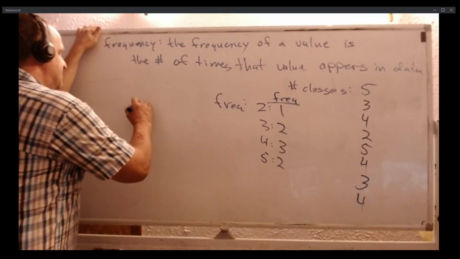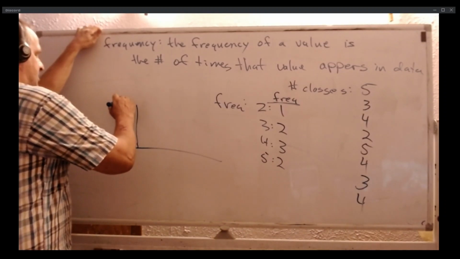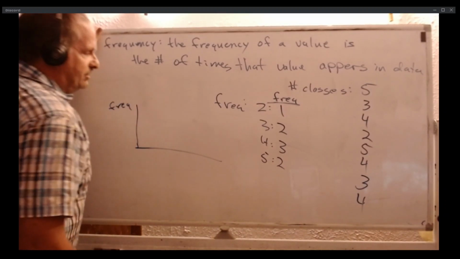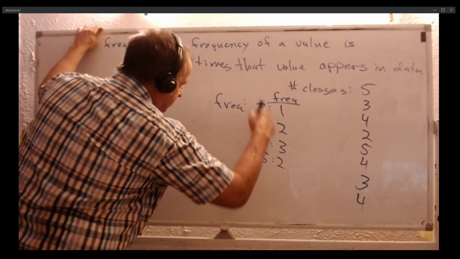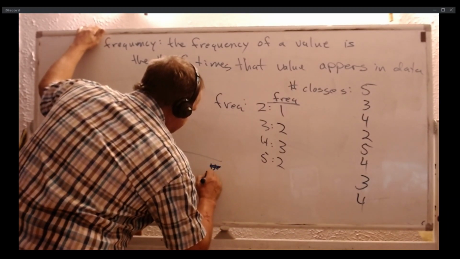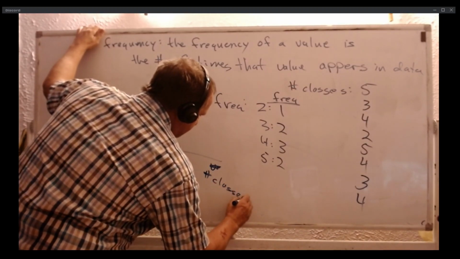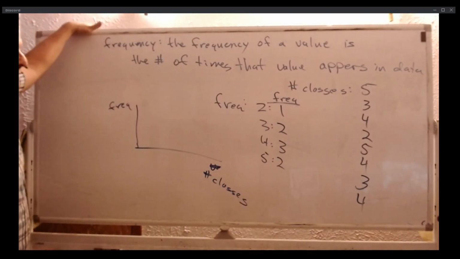Now, if we plot the data, the frequency is on the y-axis. The value of the characteristic is on the x-axis.